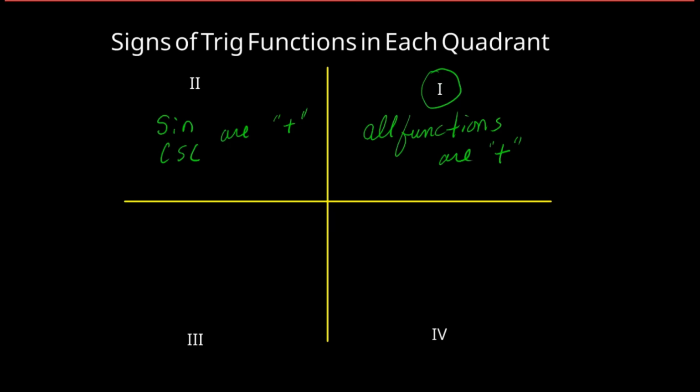In quadrant 3, these are the positive ones. And in quadrant 4, these are the positives.